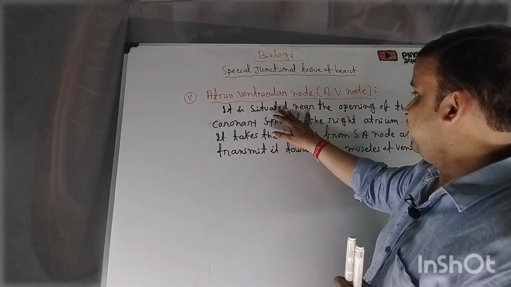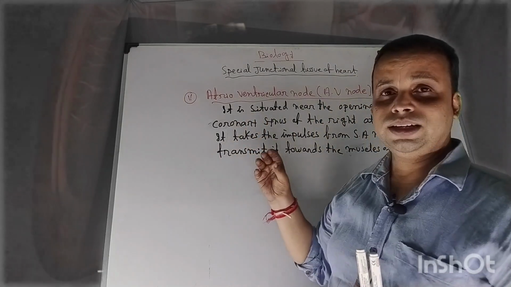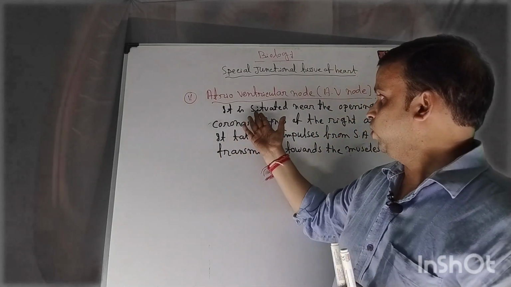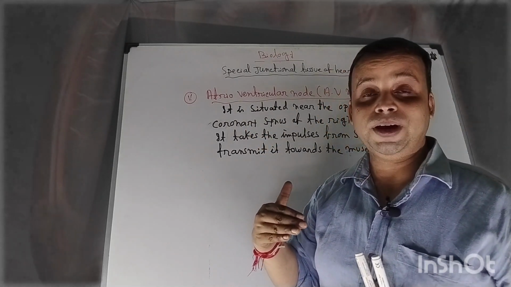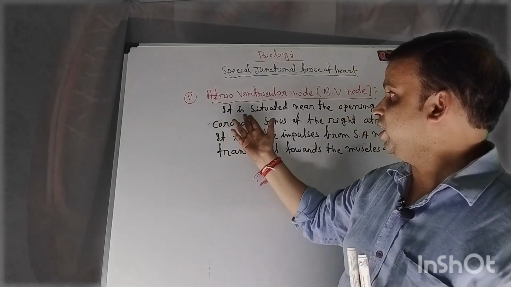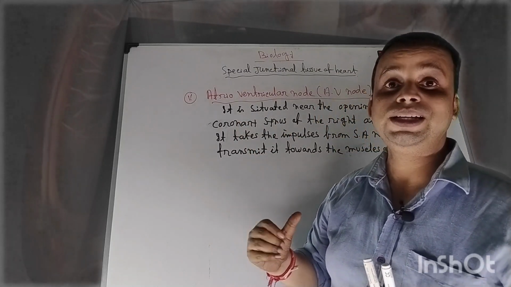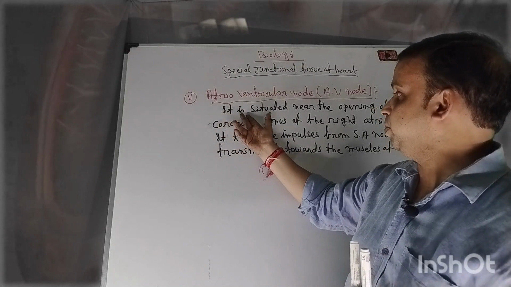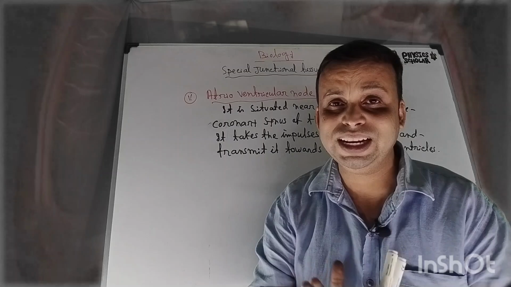Okay, so it is situated near that. Here the amount of myofibril is very less, and we can see the presence of Purkinje fiber and the bundle of His also. Clear? The amount of myofibril will be very less.